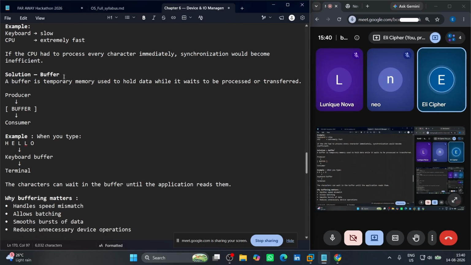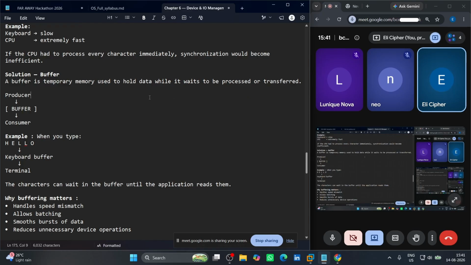So what's the solution here? The solution is a buffer. What is a buffer? A buffer is a temporary memory used to hold data while it waits to be processed or transferred. There are multiple kinds of memory which we have discussed till now. Make sure to keep the notes so that you can distinguish between the different memories.